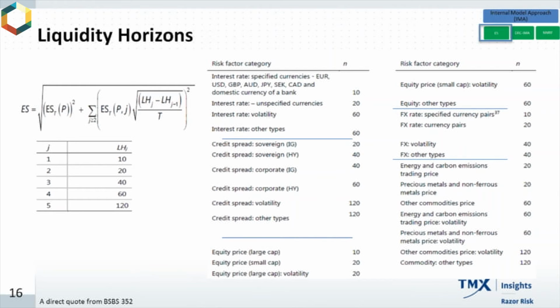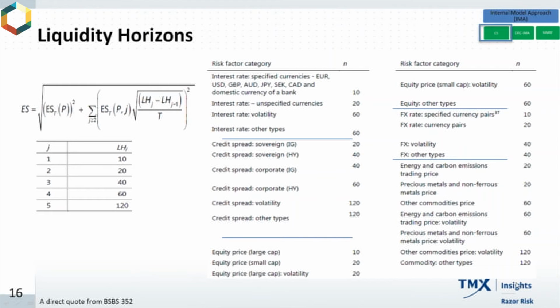First dimension is 5 risk classes, which is interest rate over here, credit spread, equity over here, and FX and commodity. So it's 5 risk classes, 2 less than standard approach, because securitization, which is correlation trading portfolio and non-correlation trading portfolio, can only use SA.